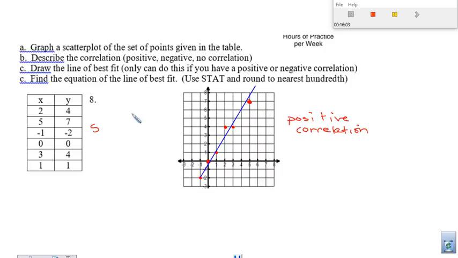And then you need to find the actual equation, which is using the stat edit process. So take a few minutes to input these under L1 and these under L2, and then figure out your equation, which should be y equals 1.49x, because you're supposed to round to the nearest hundredth, minus 0.14.